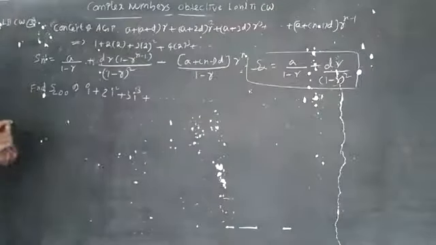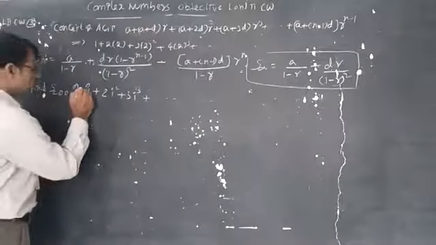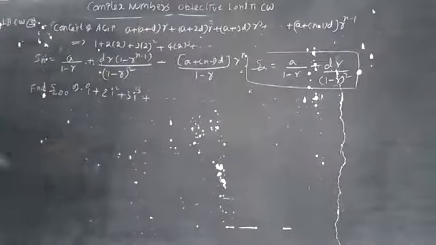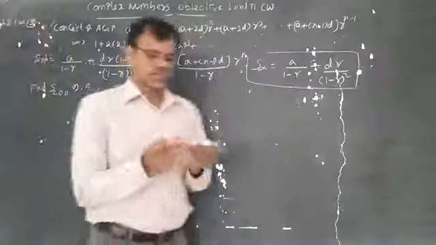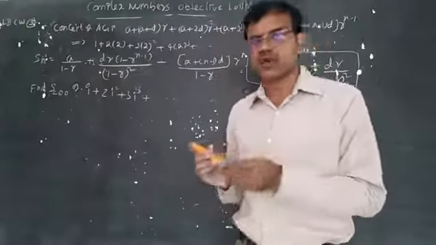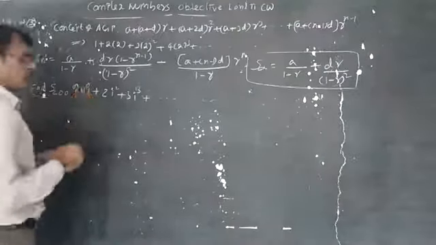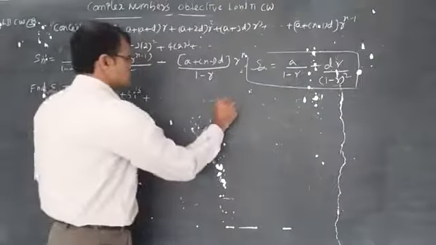We need to calculate up to 200 terms. Here you can understand this is 1 into i plus 2 into i square plus 3 into i cube, like that. So 1 into i becomes a equals 1, r equals i. This is AGP.